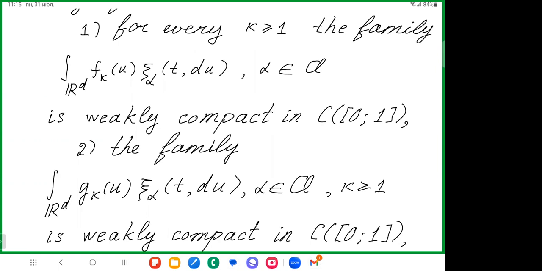And if the second moment satisfies some Hölder condition with some positive power, then we immediately have continuity for a Gaussian process. So I will use these ideas. Why? Because in our case, the functions j_k are very specific. Let me recall them to you.